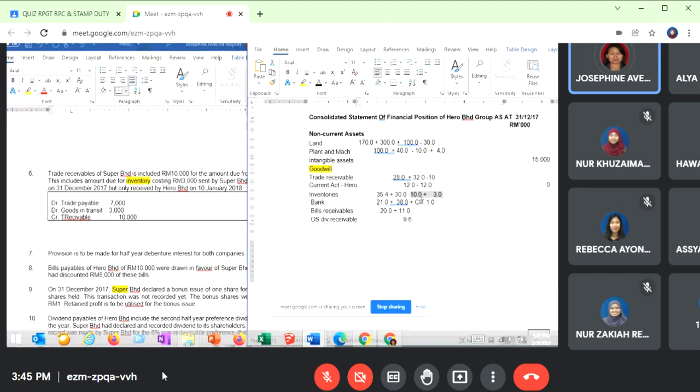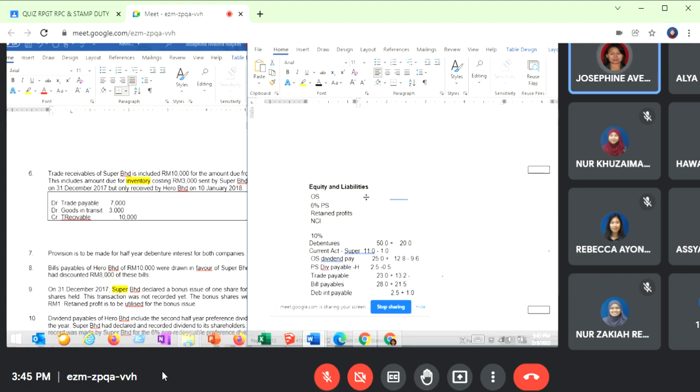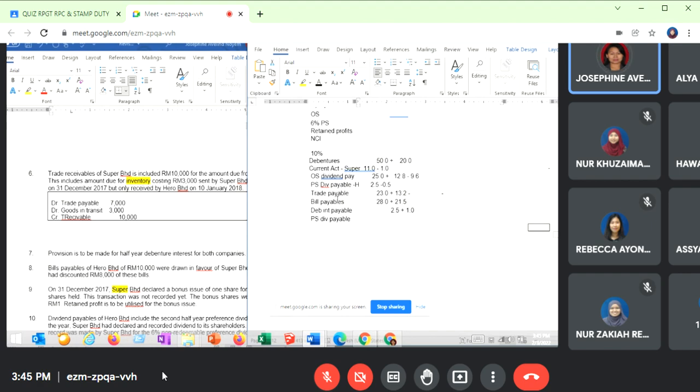So here minus 10, because we don't recognize the receivable between parent and subsidiary, but the goods in transit have to be added back to the inventory. And then you go to your trade payables. What happened to your trade payable? We take out what is amount due with the other entity, so we minus 7.